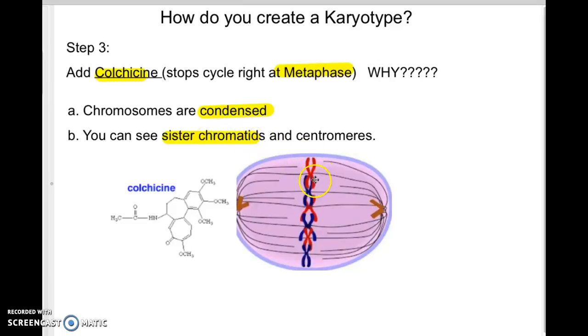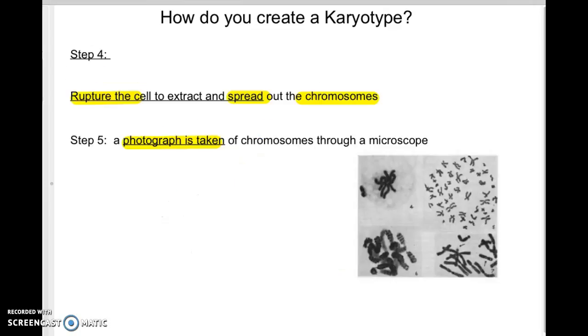You can see that they're sister chromatids, and you'll be able to look at a homologous mother and father pair. So as I said earlier, you rupture the cell to extract the chromosomes, and of course they're not just going to line up, they're going to be kind of a mess.